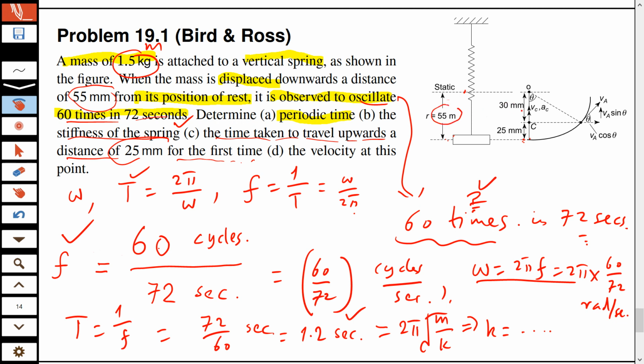If this total is 55, so from the center it will be 30 millimeter. So basically you want to know the time taken to reach this point.